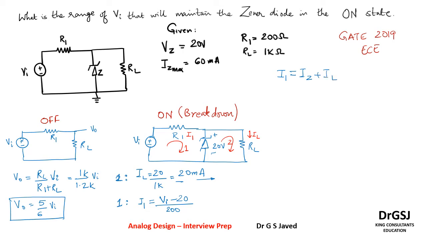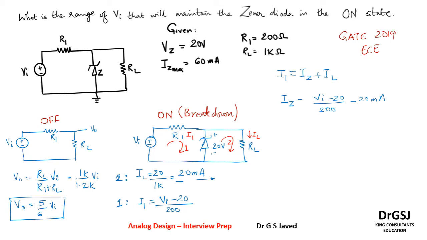So Iz is equal to I1 minus IL, where I1 is Vi minus 20 divided by 200, and IL is 20 milliampere.